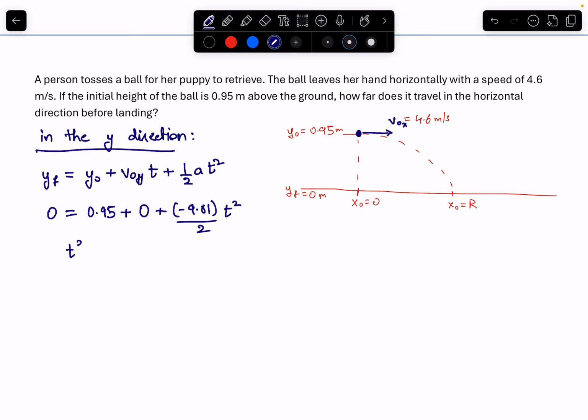So t squared is equal to negative 0.95 divided by negative 9.81 over 2. So t squared is equal to 0.95 times 2 divided by 9.81. Negative cancels out.